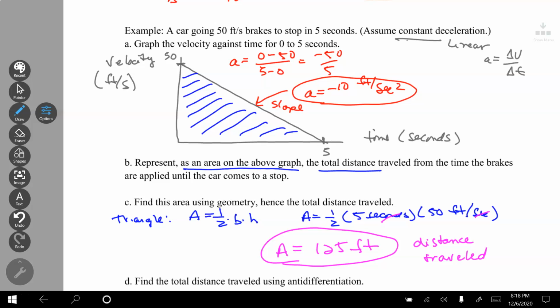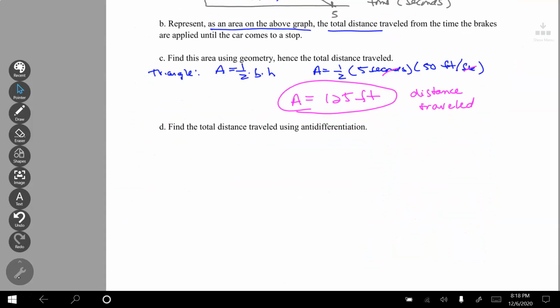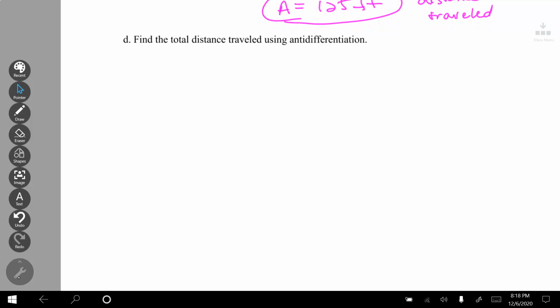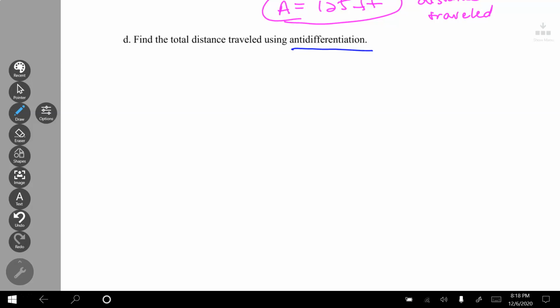But that's using geometry. What I really want to do is use anti-differentiation or calculus. So if I'm going to use anti-differentiation, I know when my time is 0, my velocity is equal to 50 feet per second, and my distance that I traveled is 0 feet. Well, I already did the acceleration. We said the acceleration was -10 feet per second squared.